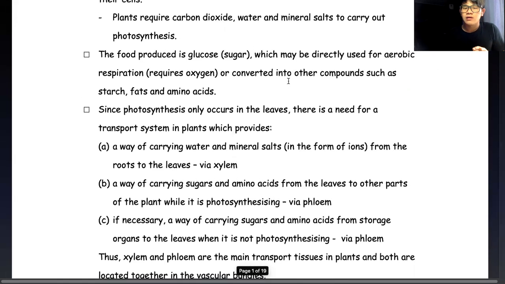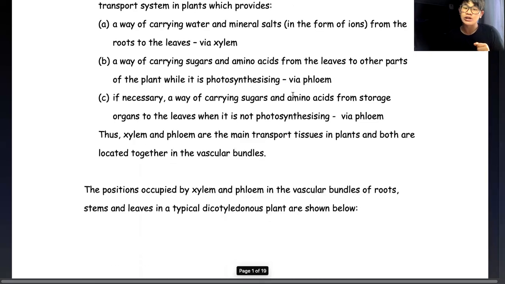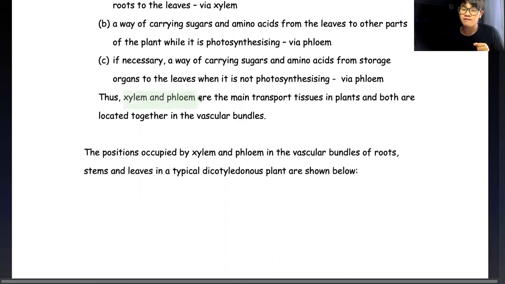So again, first thing about what we have done is we have recalled back about photosynthesis, and we should by now be able to relate the relationships between photosynthesis and why they need the transport system. Okay, and apa the transport structures, the main transport structures that plants use is the vascular bundle, which is your xylem and phloem.